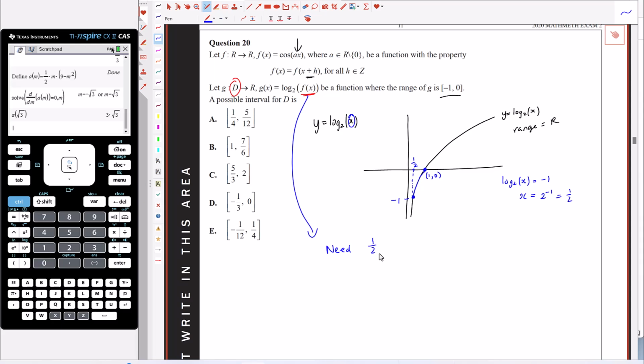Can it include half? Yes. We need f of x, the thing inside the log, to be somewhere between half and 1 inclusive, and then that will give us the range that we want.